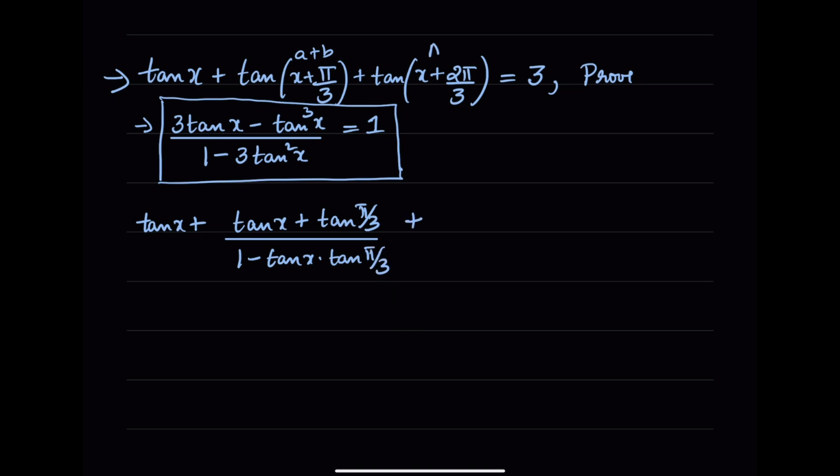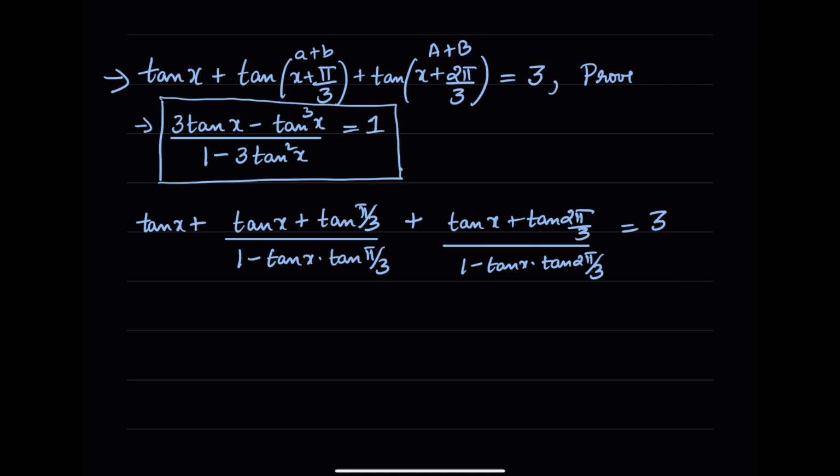Similarly, the second one is tan of a plus b. Let's apply the formula, which is tan x plus tan 2 pi by 3 divided by 1 minus tan x tan 2 pi by 3, and this is equal to 3.